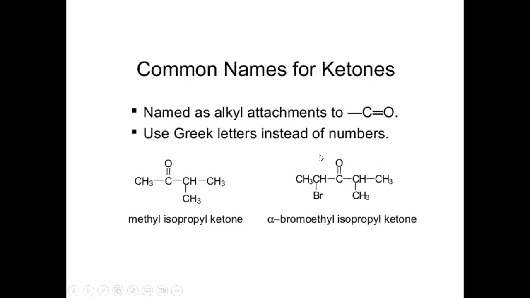Common names for ketones are named as the alkyl groups attached to the carbonyl. So usually we use Greek letters instead of numbers. On the left is methyl isopropyl ketone. If there is bromine, it becomes alpha-bromoethyl isopropyl ketone, right?